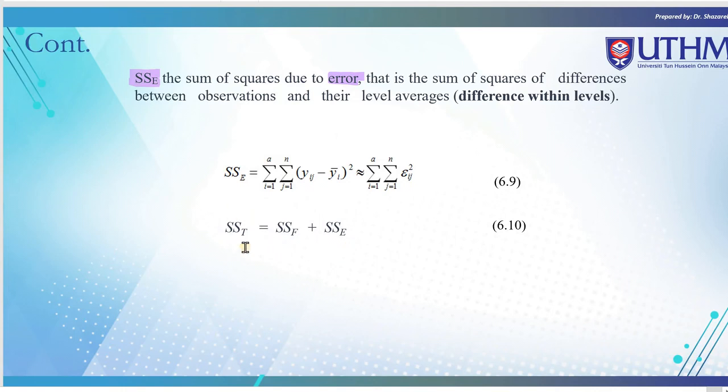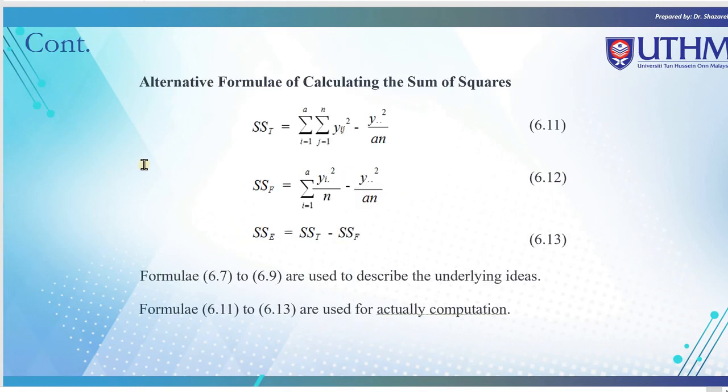So we get the total SST. Alternatively, we can calculate SST, SSF and SSE by using these formulas, and we will get the same answer. So now we can use a, which is the number of levels, and also n, which is the number of replicates.